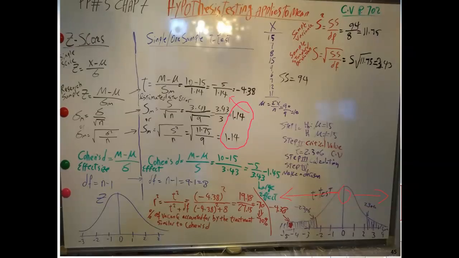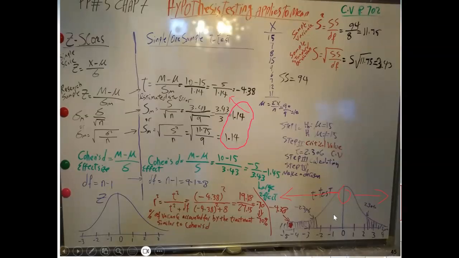Once again, the t distribution is just like the z distribution. On the bottom left side of the screen, to remind you, that was z. And the t is the same. You have a mean of 0, a standard deviation of 1, positive to the right, negative to the left. So we're going to use the one on the right, which is the t-test.